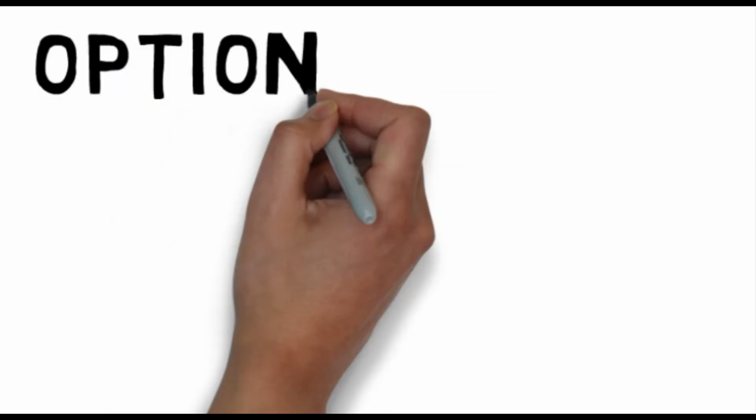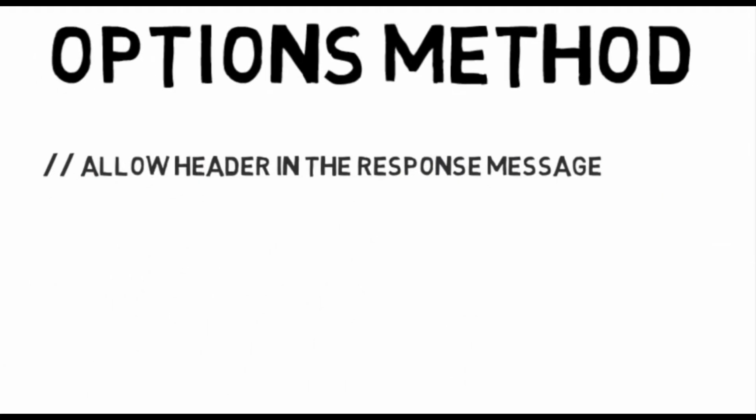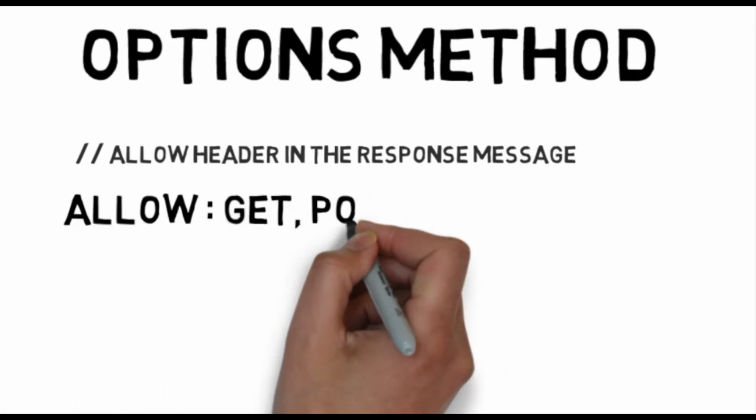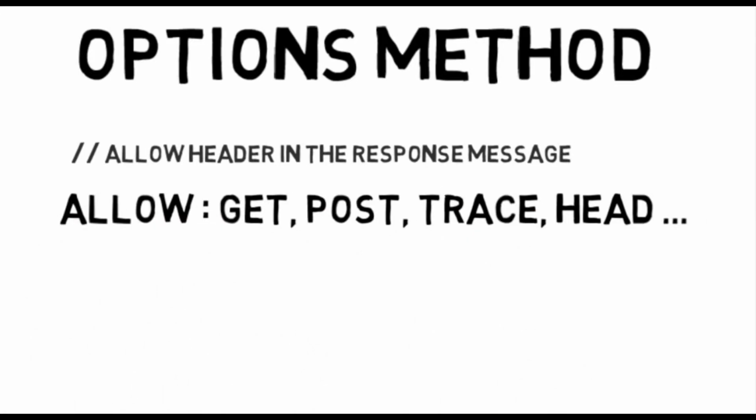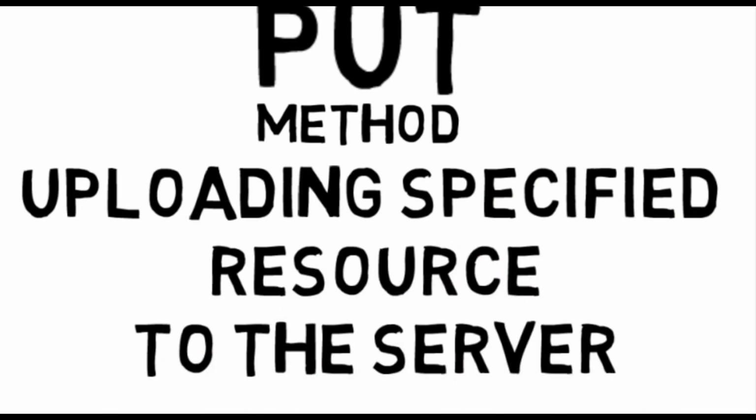The OPTIONS method asks the server to report the HTTP methods that are available for a particular resource. The server returns a response containing an Allow header that lists the available methods. The PUT method is used to upload resources to the server using the content contained in the body of the request.